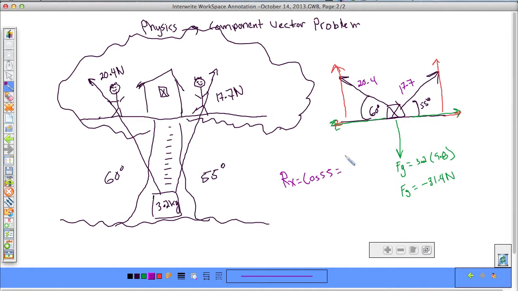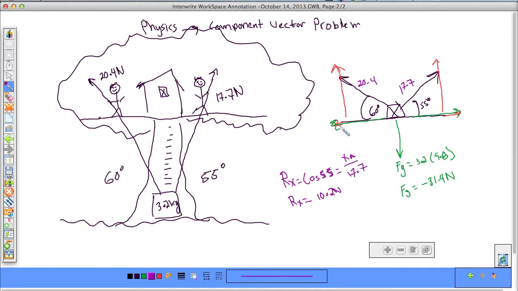So equals, let's call this x direction A, over 17.7. So that means I'll be multiplying cosine of 55 times 17.7. So this x direction here is 10.2 newtons in this first x direction.